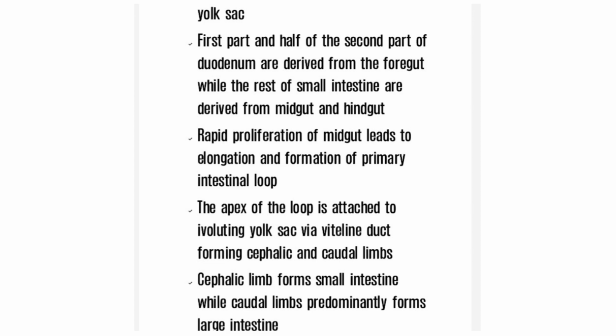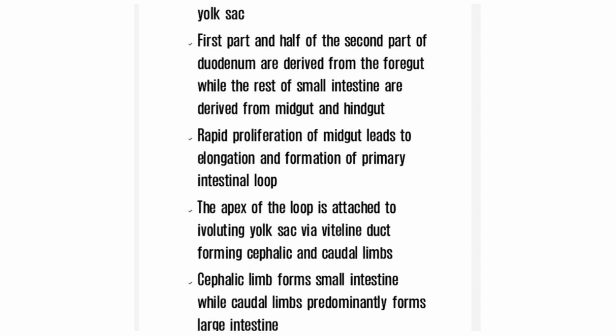Now, the small intestine is derived from the incorporated part of the yolk sac, that is the primordial gut tube. The first part and the upper half of the second part of the duodenum is derived from the foregut. Now let's move to the developmental stages.